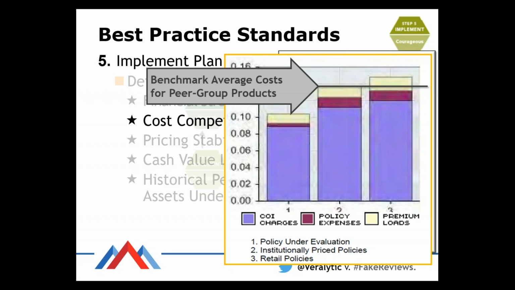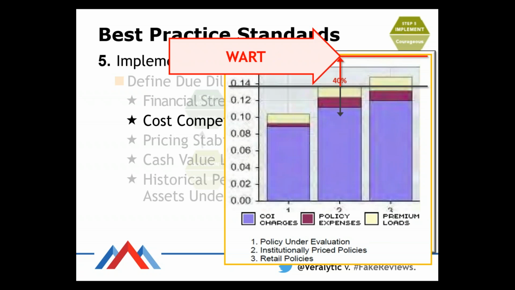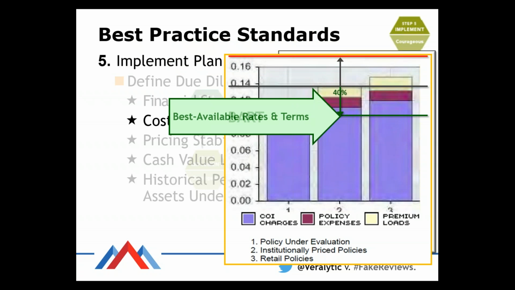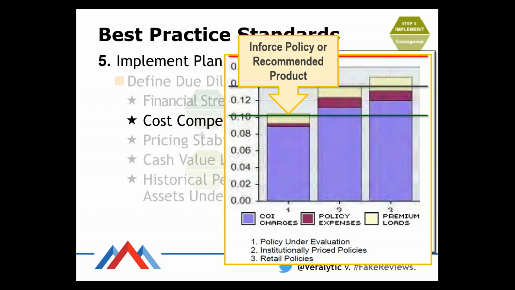That means that if you know where the mean is, then you know where worst available rates and terms are, and you know where best available rates and terms are. And so with a glance at a Veralytic report, in this case, you can see the costs of the policy under evaluation, whether it be an in-force policy or a new business proposal or a recommended product.